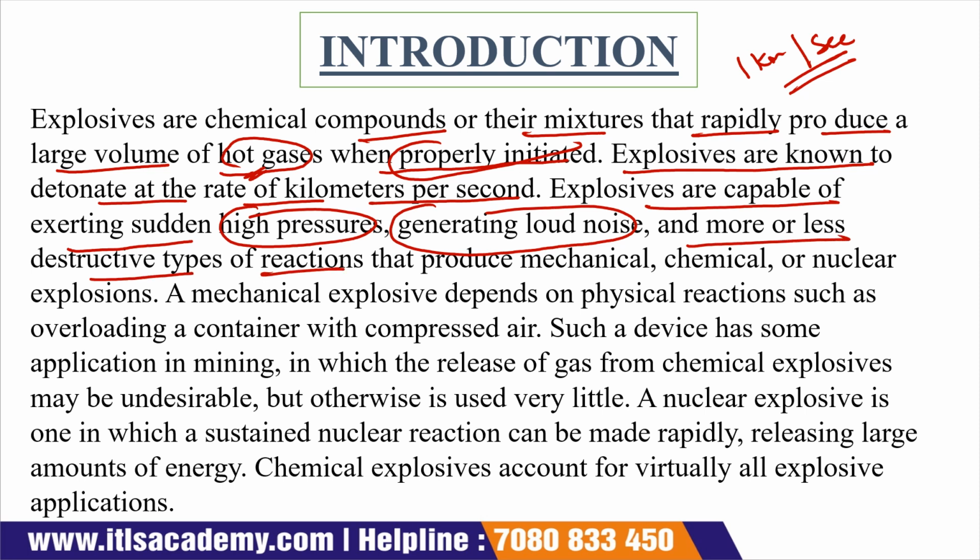The pressure suddenly increases, and they also generate a loud sound, which is called noise pollution, and a destructive reaction which is produced by either a mechanical, chemical, or nuclear explosion.